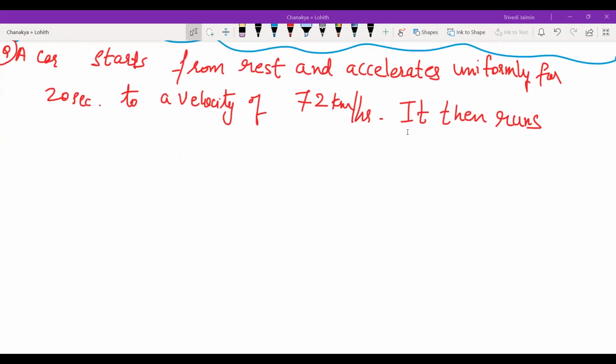Okay. So whenever we have this, it then turns at constant velocity.